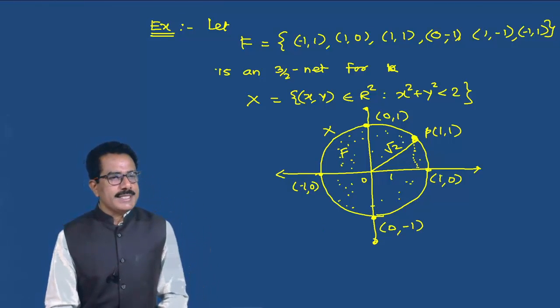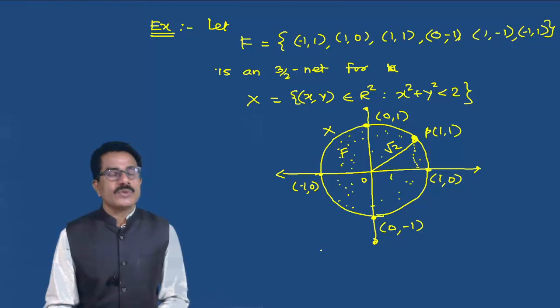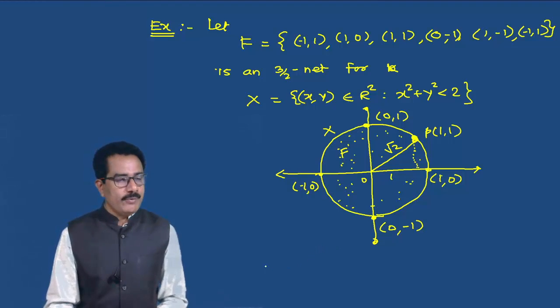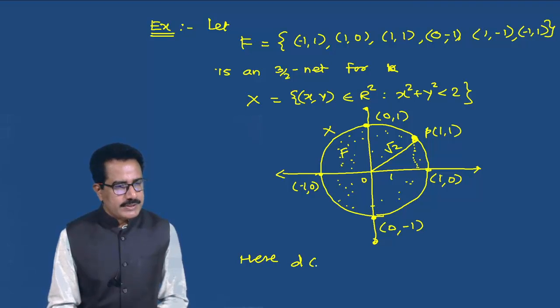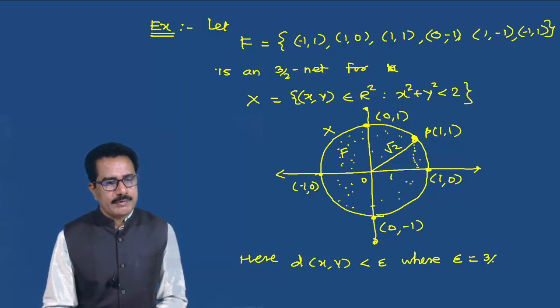So we can say that the distance between these 2 points is less than or equal to 3/2. Here the distance of x comma y is less than epsilon, where epsilon is equal to 3/2.